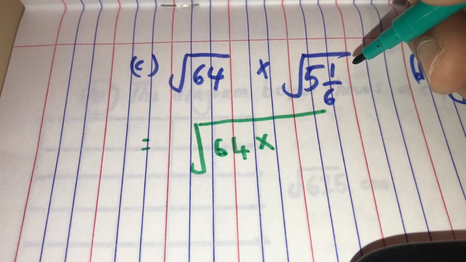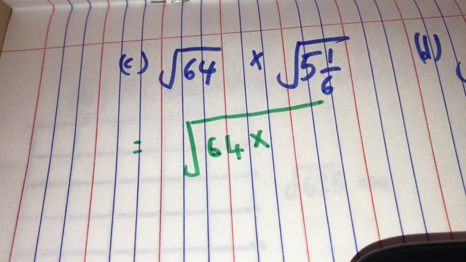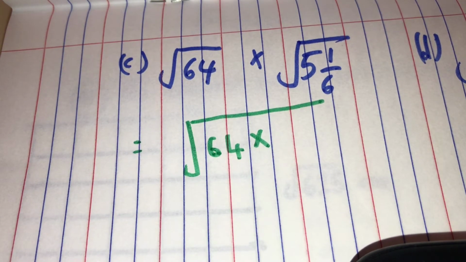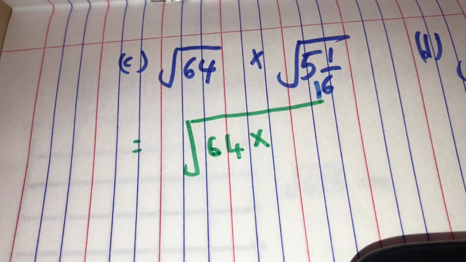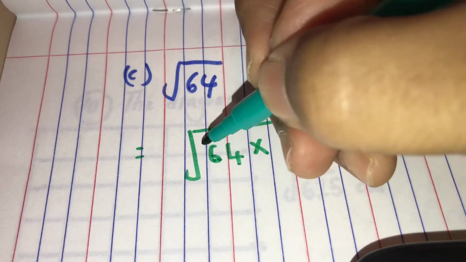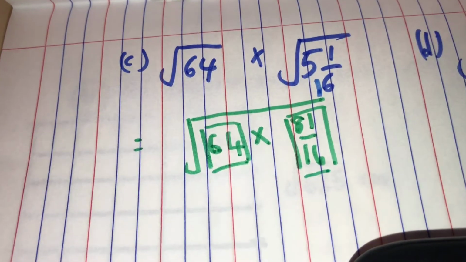Sorry, not 6, I wrote it wrong. This one is in your workbook, page 39, question C. 5 times 16 plus 1, then you get 81, so 81 over 16. Complete your book.